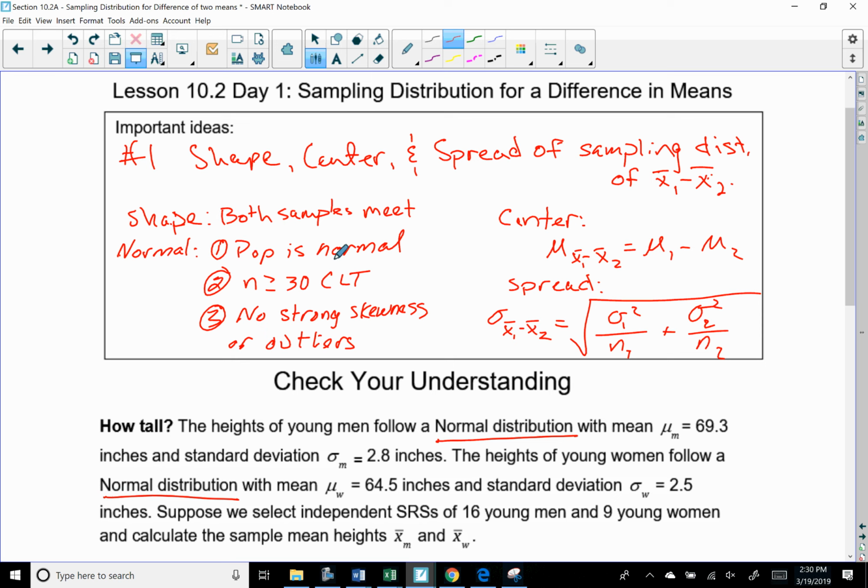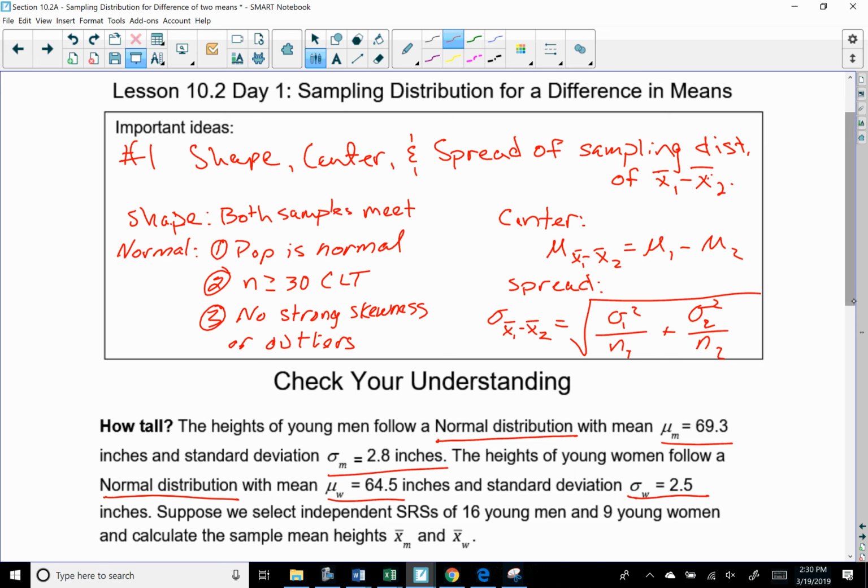If the population wasn't normal, then we'd have to start looking at sample size and some sampling distributions. We also know that the population means and population standard deviations are 69.3 and 2.8 for men and 64.5 and 2.5 for women. It's one of those rare cases where we actually know the population standard deviations, right? Normally we don't have that.